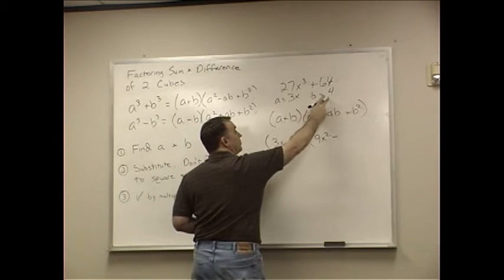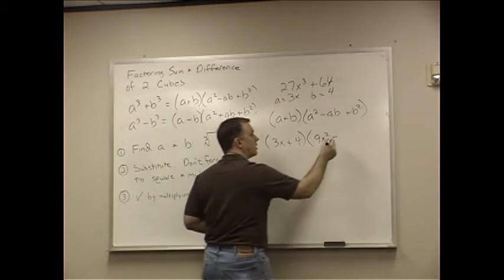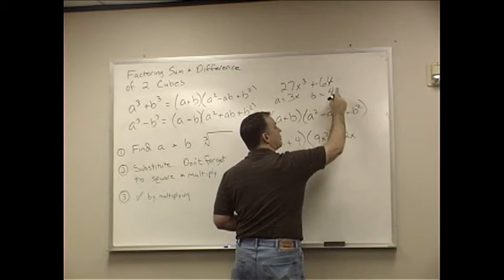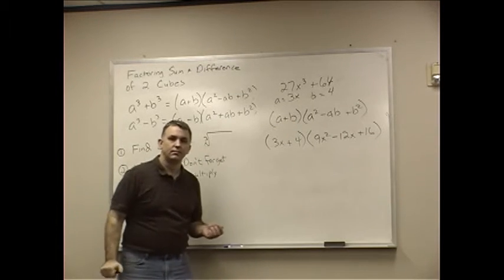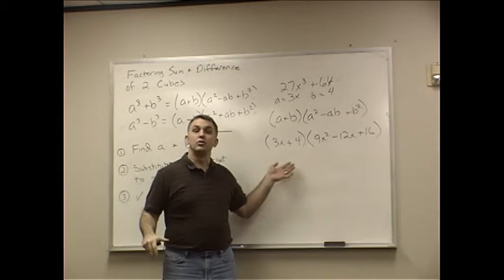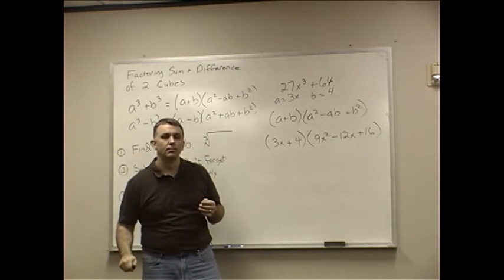Minus a times b, you've got 3x times 4, hopefully you come up with 12x there. And then you've got plus b squared, 4 squared is 16. Okay, I'm not going to check this one, I'll let you check it on your own just to verify, but that is the correct answer.